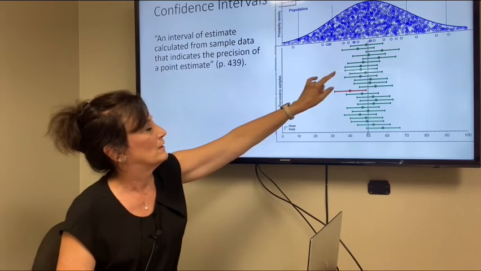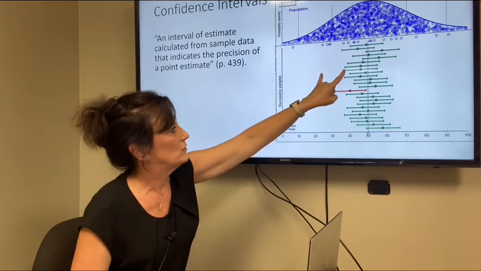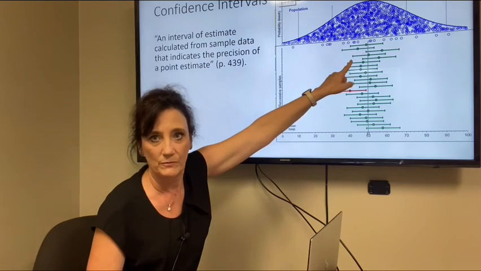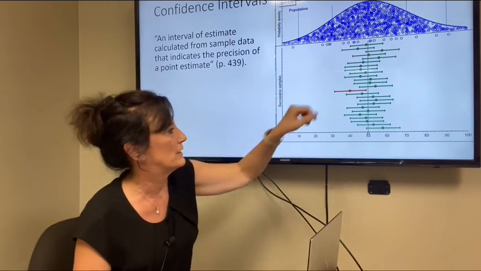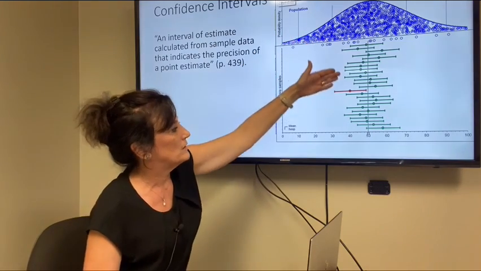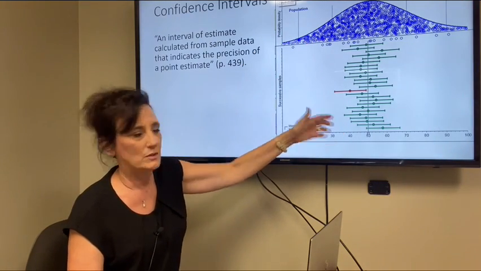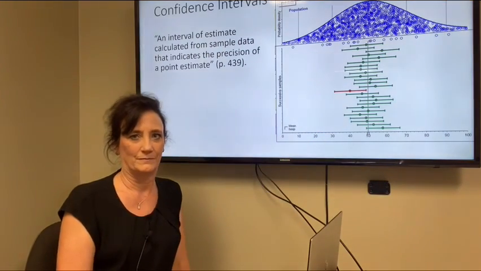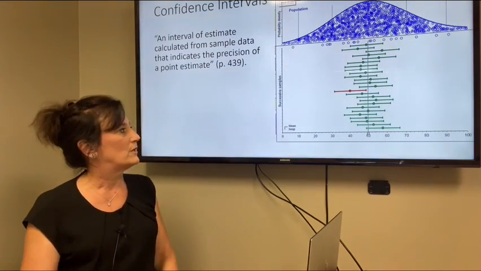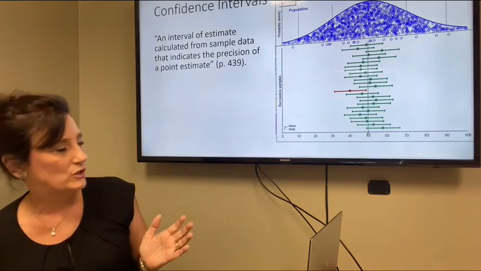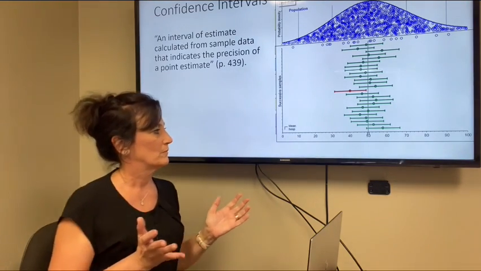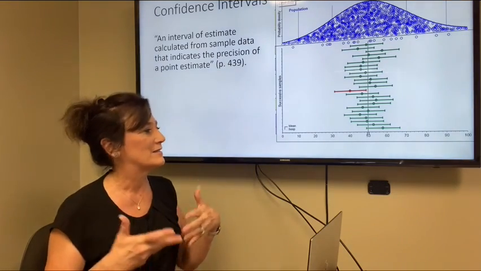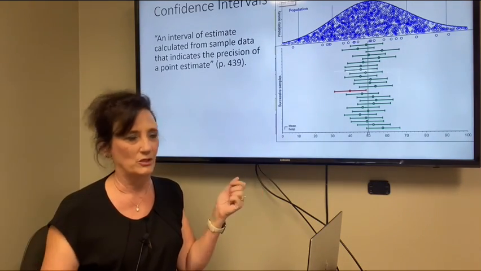That confidence interval shows you the minimum and the maximum value for that point estimate. So as you look at all these samples that you drew, all of them except for one fall within the range of a point estimate that is an approximation of the true population mean.